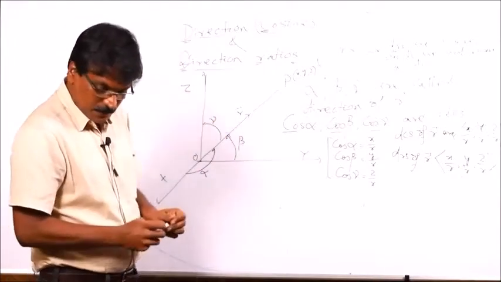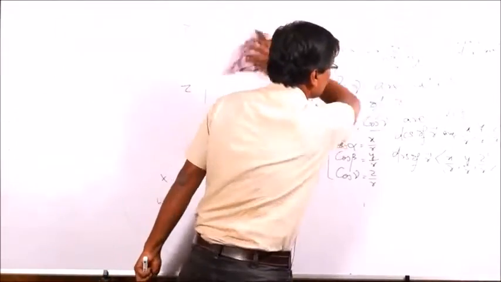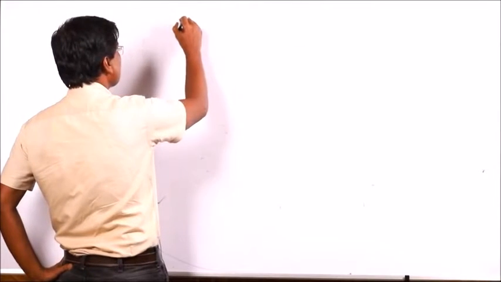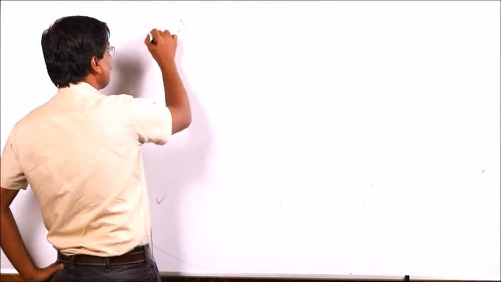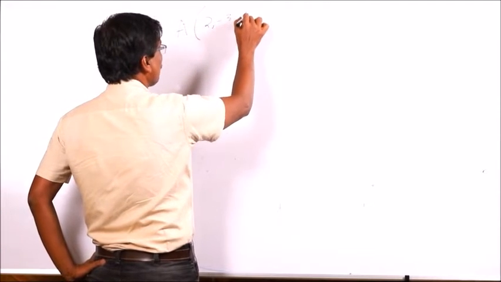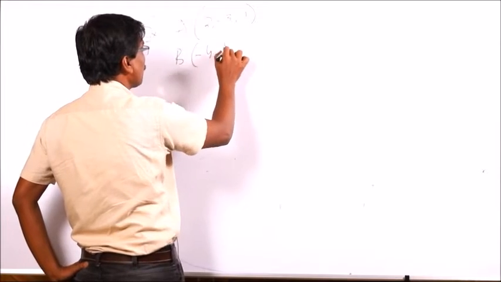Next we come to some examples. Take an example, that is, suppose A is a point having coordinate 2, -3, 1, and B has coordinate -4, 5, 3.